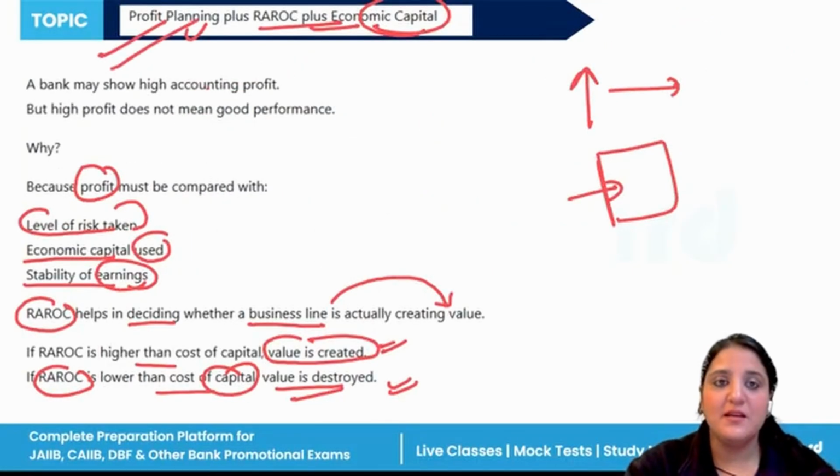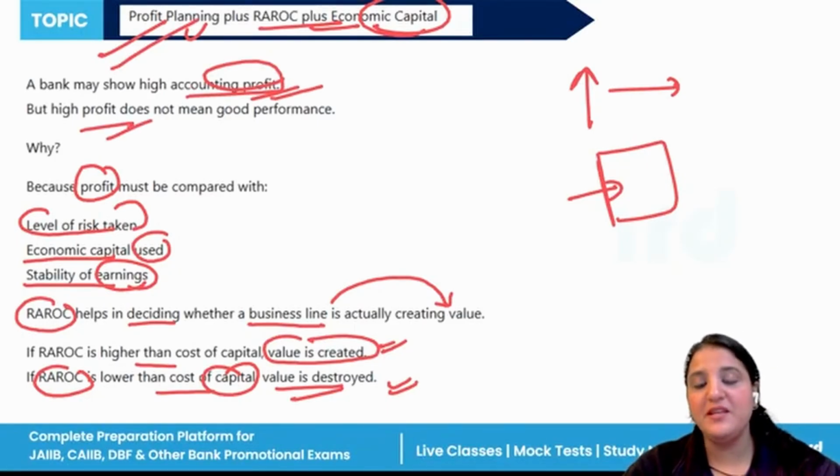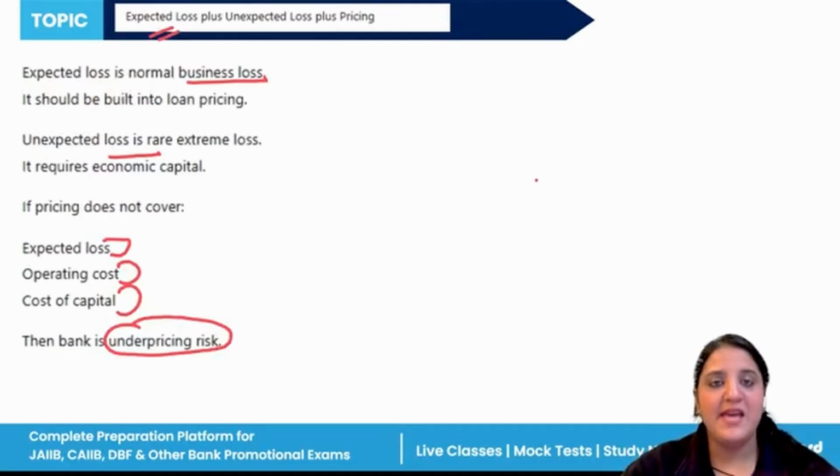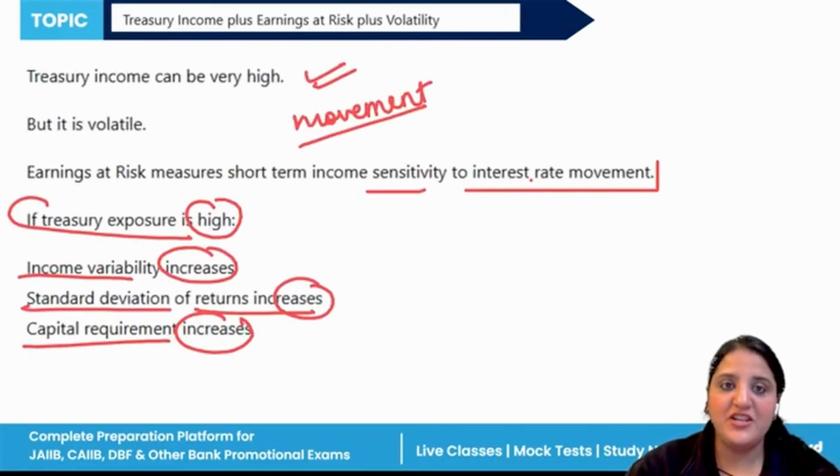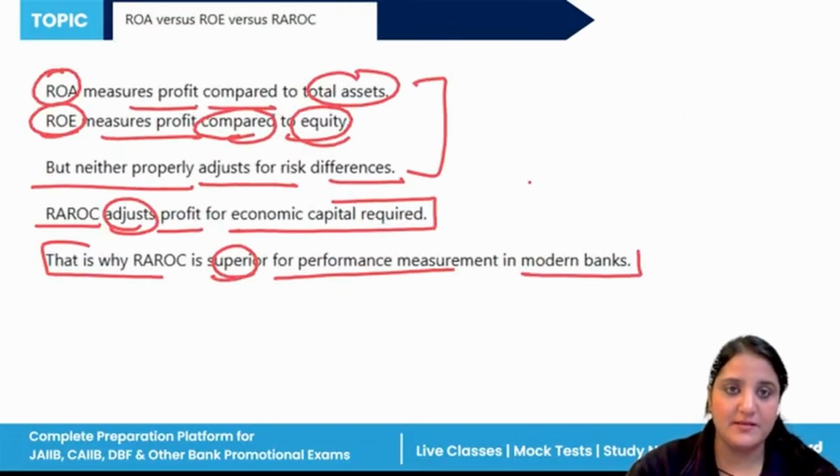Profit planning means showing high accounting profit. High profit does not mean good performance. Expected loss means normal business loss, and it should be built into the loan pricing. Then treasury income is very high. It can be volatile, and if the treasury exposure is high, income variability will increase.